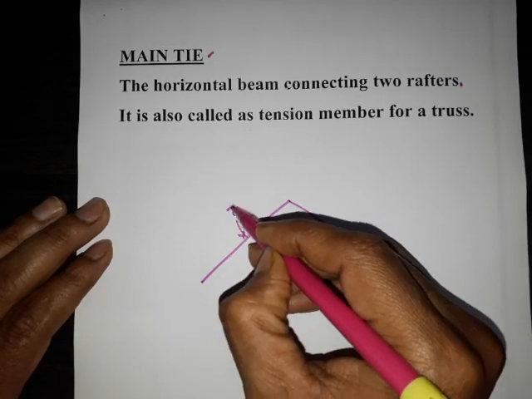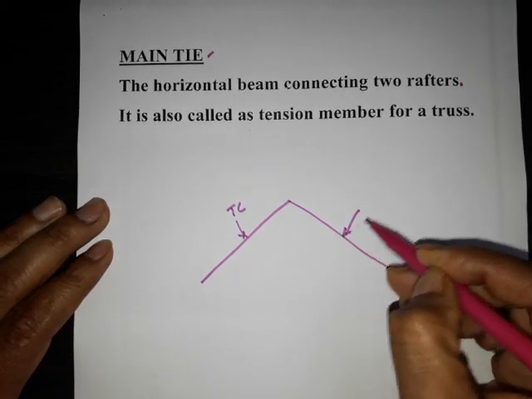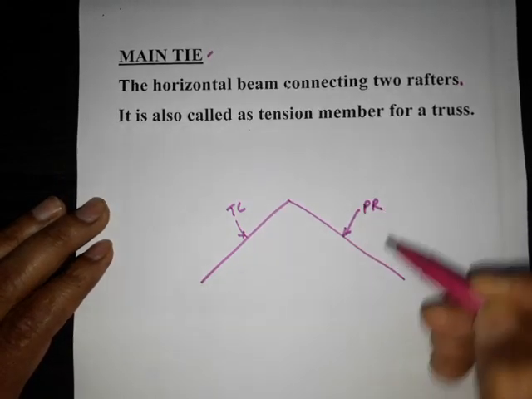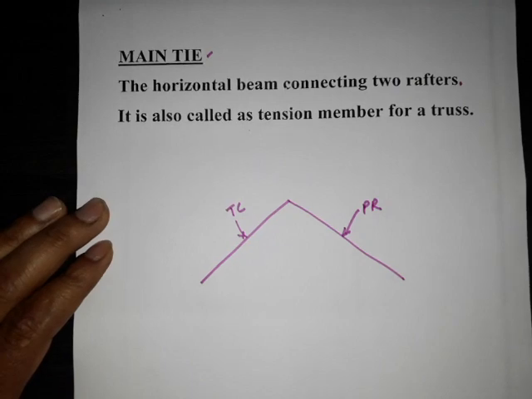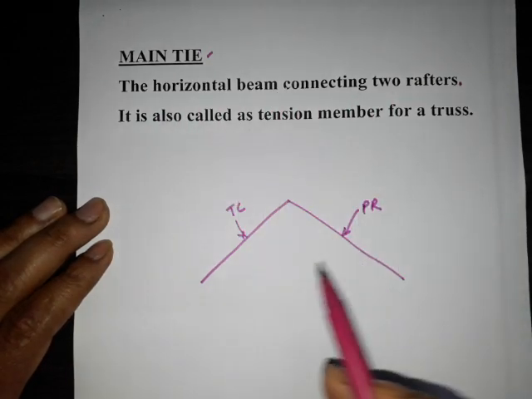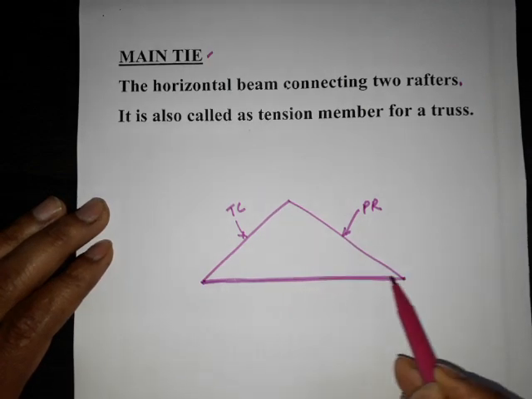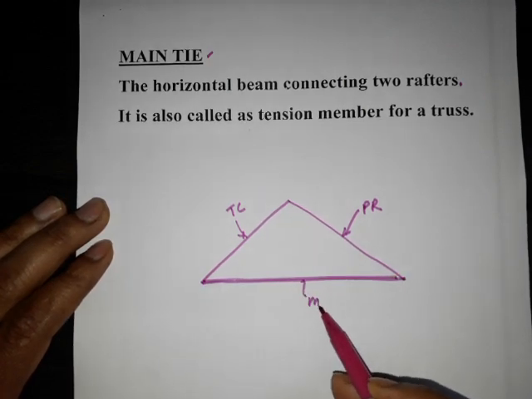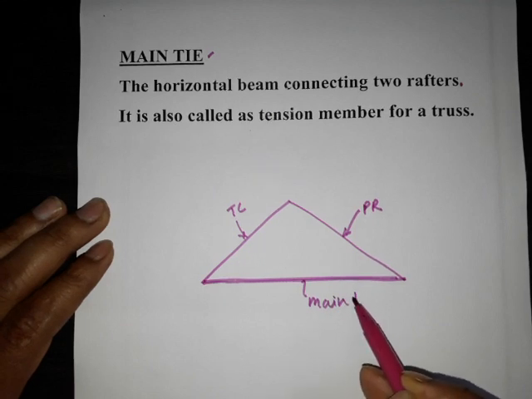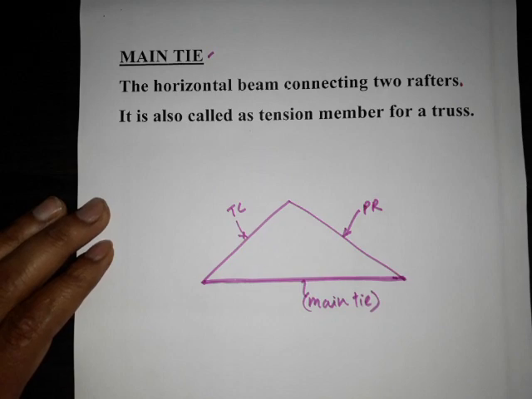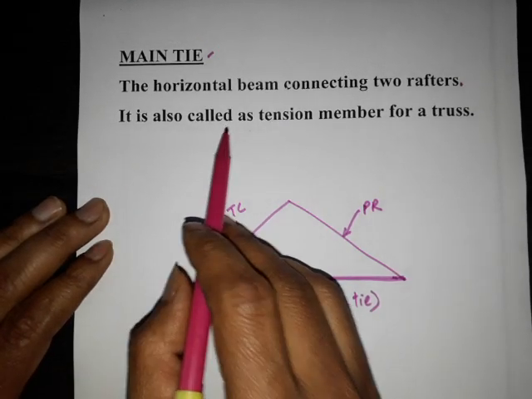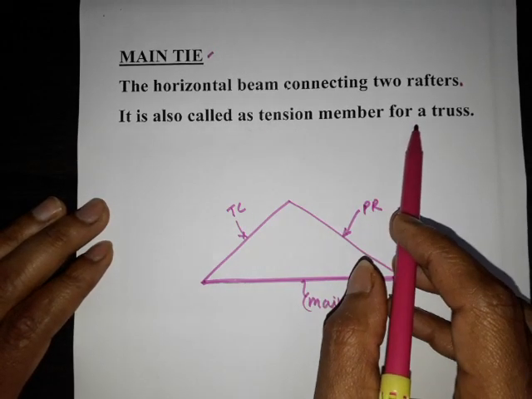This is the top chord, and this is also a top chord or principal rafter. Both are the same. The horizontal beam connecting the two rafters is called the main tie.